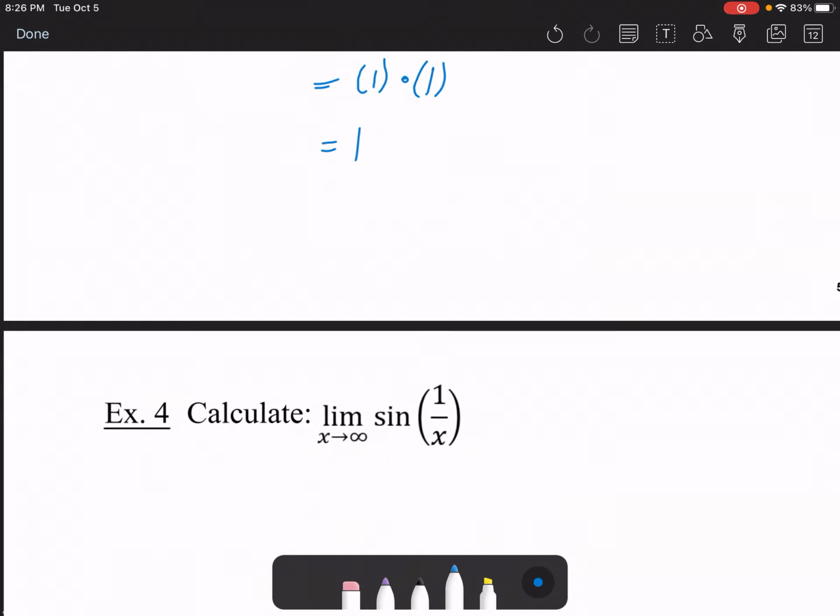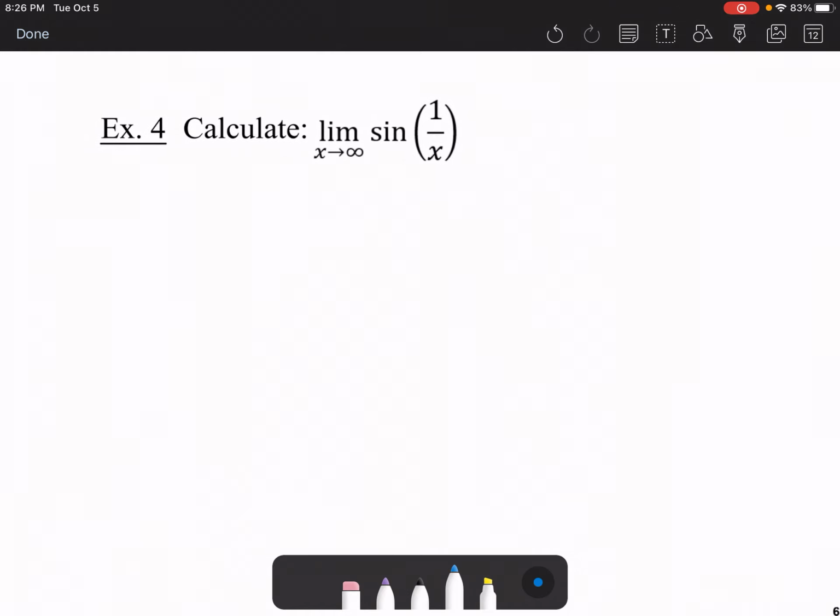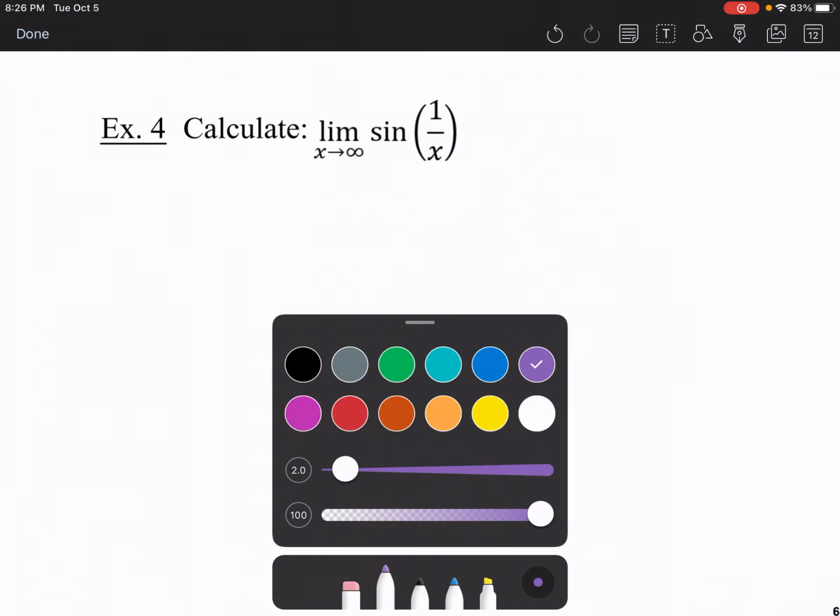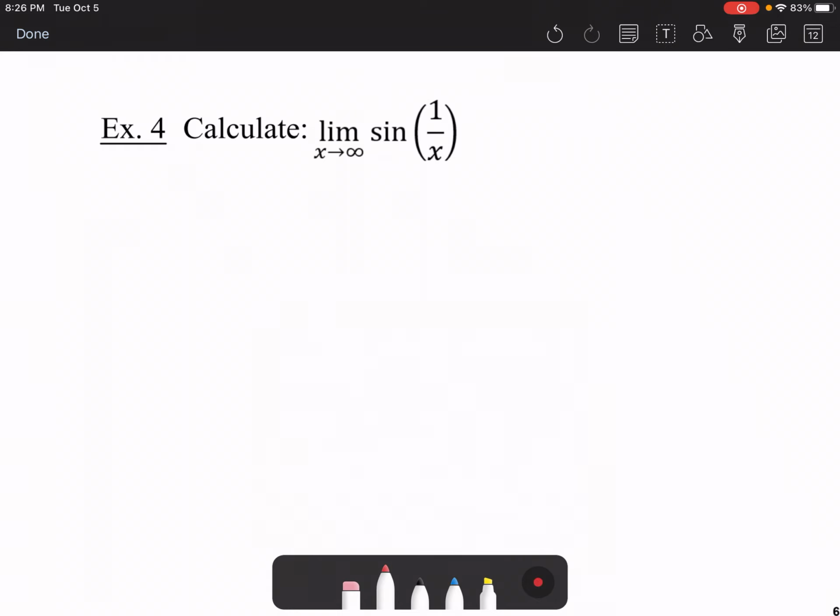We can also use replacements of variables. So let me show you what I mean by that. Let's calculate the limit as x approaches infinity of sine of 1 over x. Well, notice that the limit as x approaches infinity of 1 over x is equal to 0.